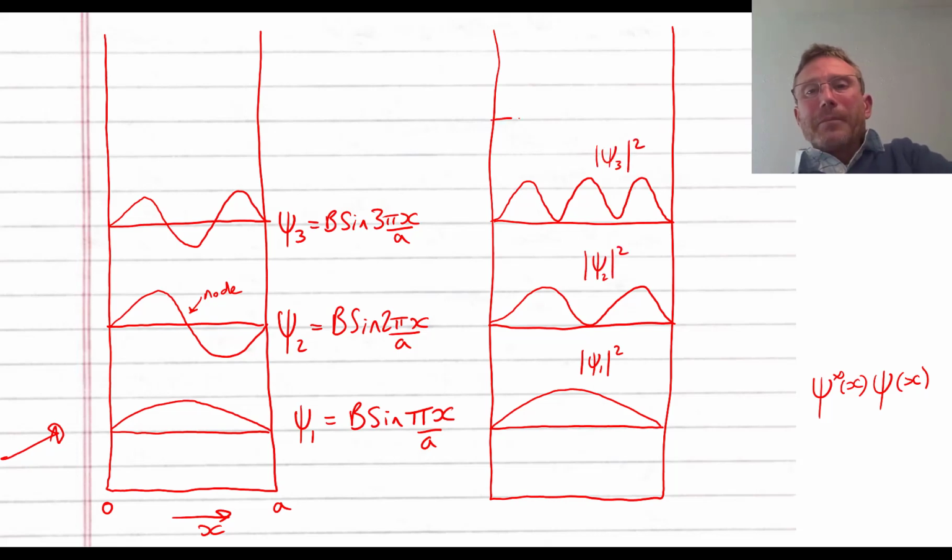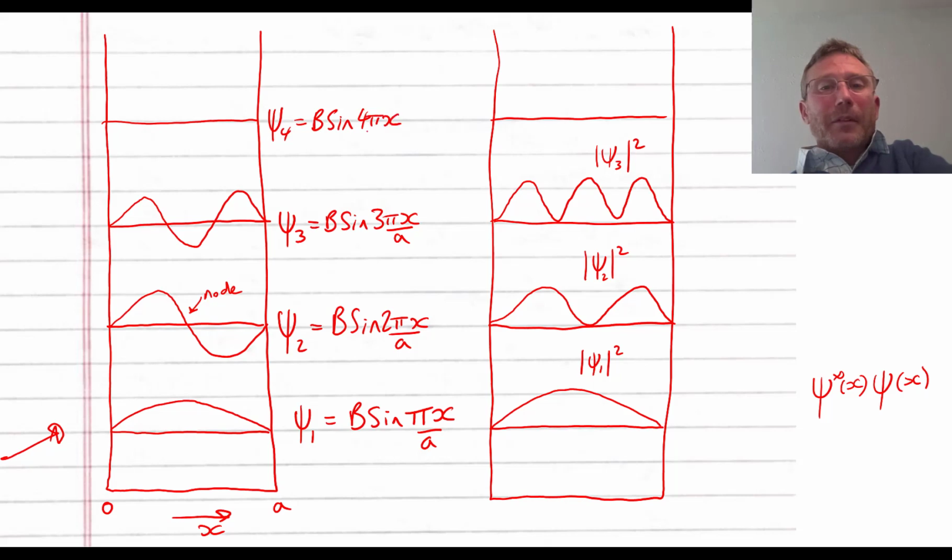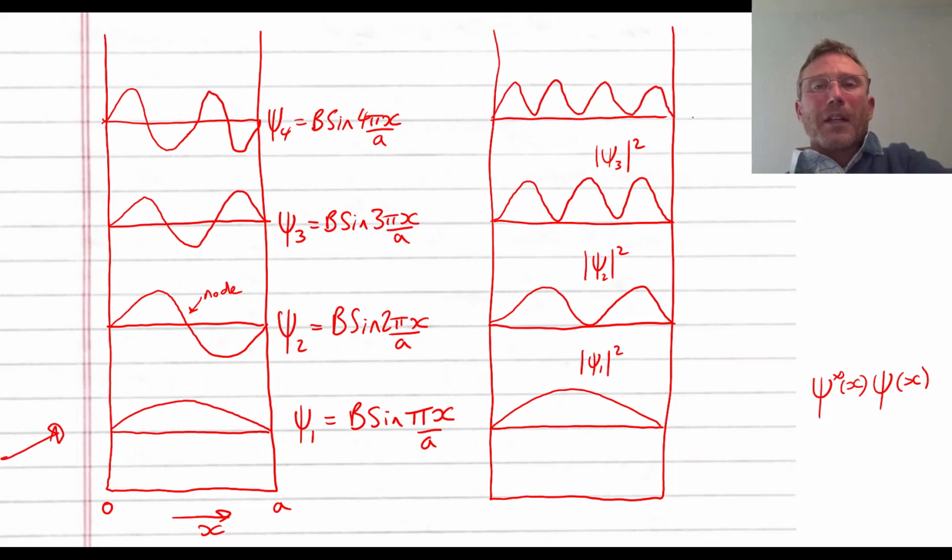And lastly, I mean these keep going, for example, but you get the picture. Psi 4 equals b sine 4 pi x over a. And it looks something like that. It's pretty difficult. And there's our probability graph in here.